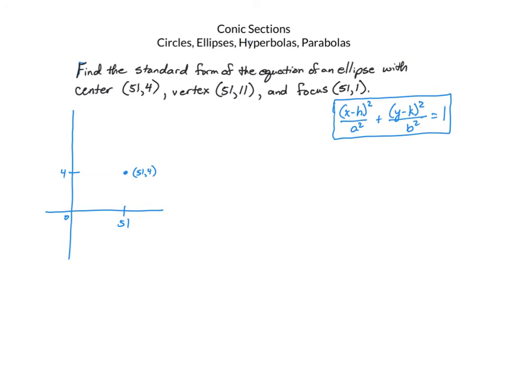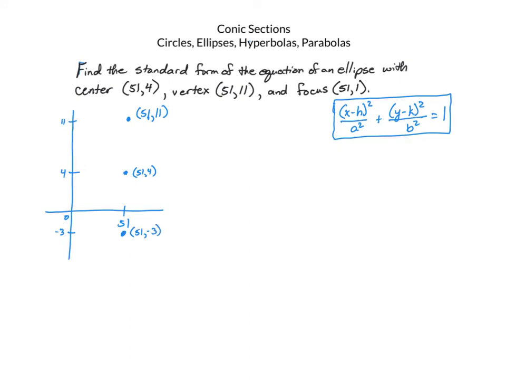Vertex at (51, 11), so up here. I'm just making note of the fact that it is 7 units higher than the center. That means the other vertex would be 7 units lower. I'm just going to put it in there because it makes me feel better. Not really necessary, but I feel better if I have that there.